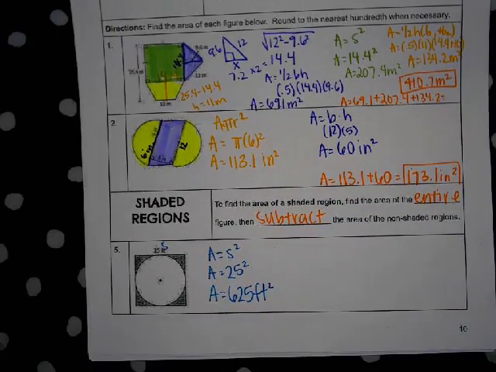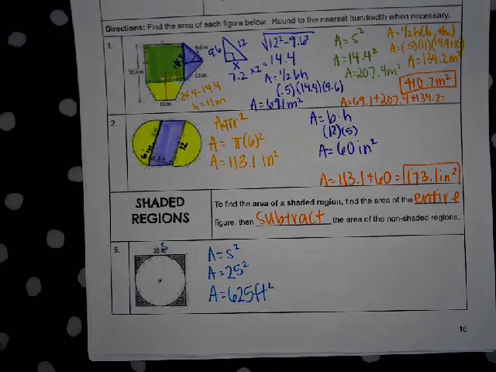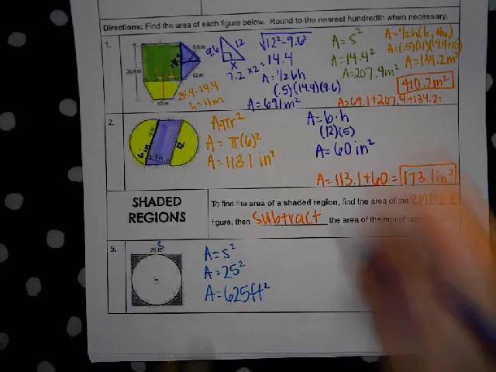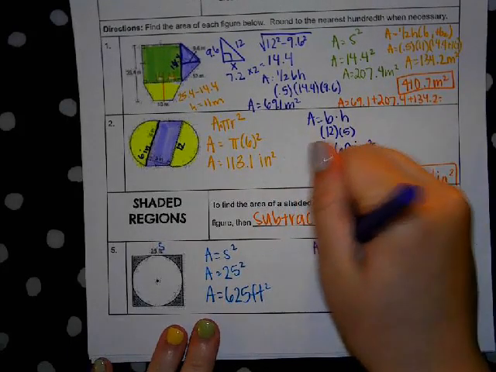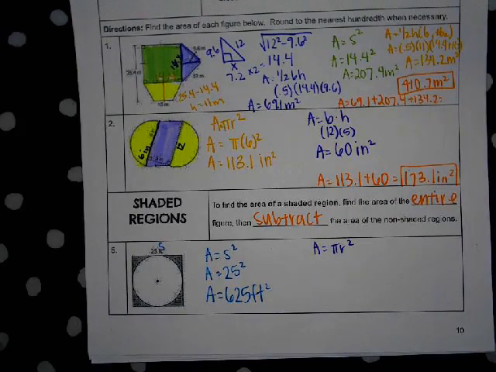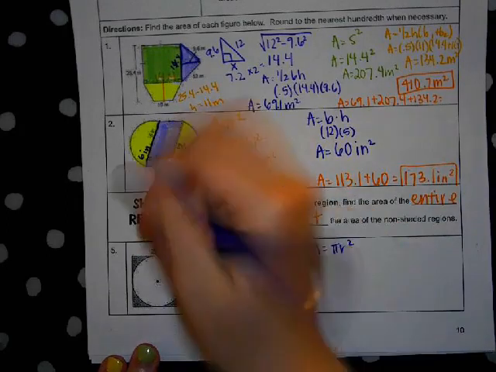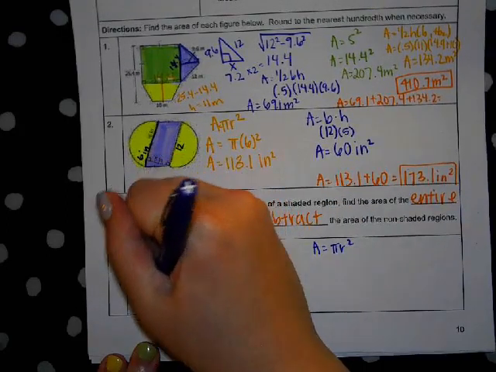Now I've got to figure out the unshaded region. The unshaded region is a circle. So I'm going to write down the formula for a circle. Area equals pi r squared. Now I have to figure out what the radius is. I know that this whole side is 25. So that means this whole line here would also be 25.